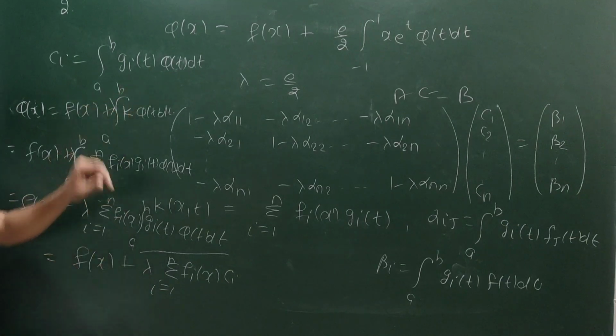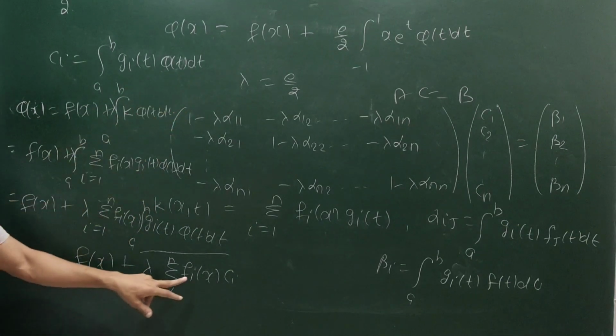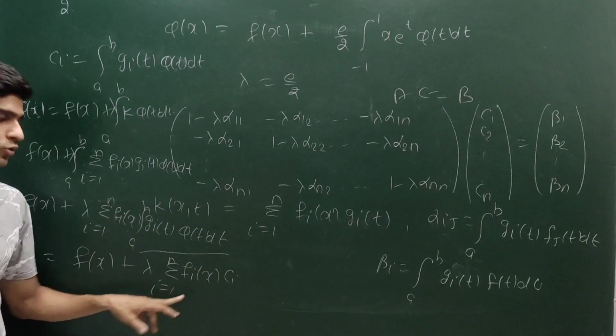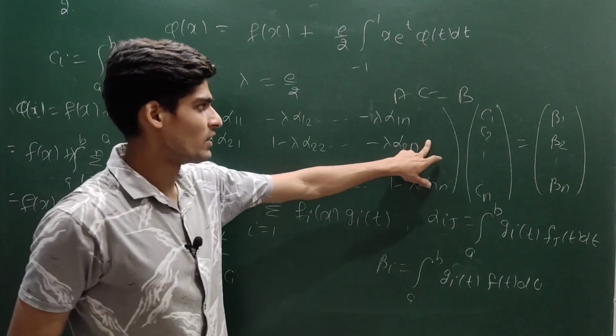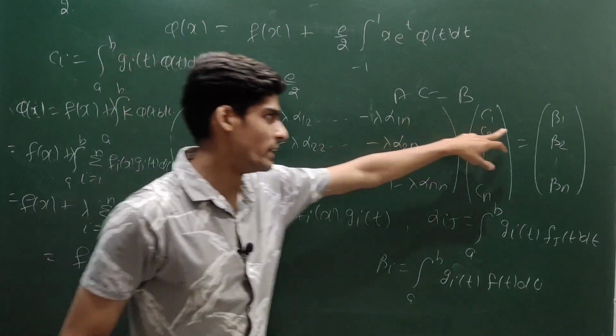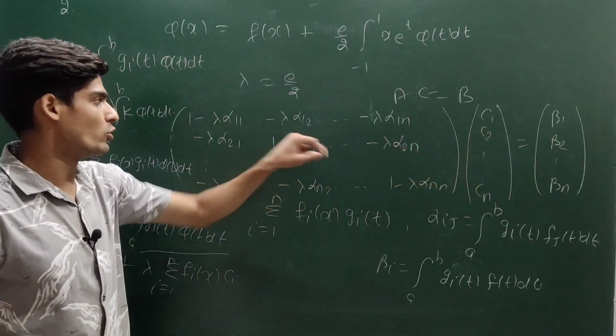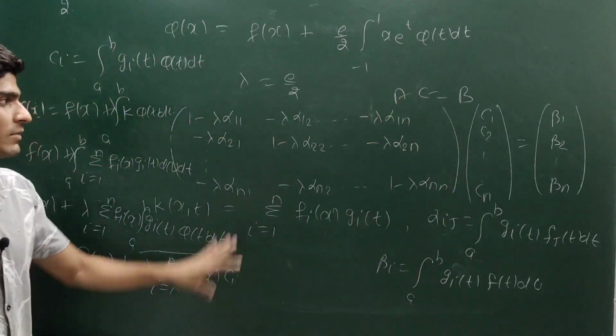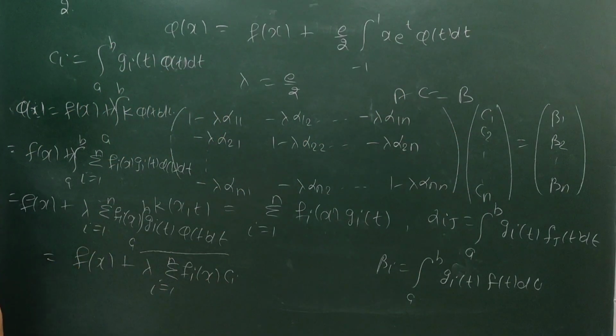Your f(x) is given, lambda will be given, f_i(x) is known from the kernel, so you just need c_i to find the solution, and c_i will come from this system of linear equations. Here your beta_i's are known, alpha_ij's are known, lambda is known, so you just need these c_i's. So you will solve this system and you will get your c_i's. So this is the theory part.